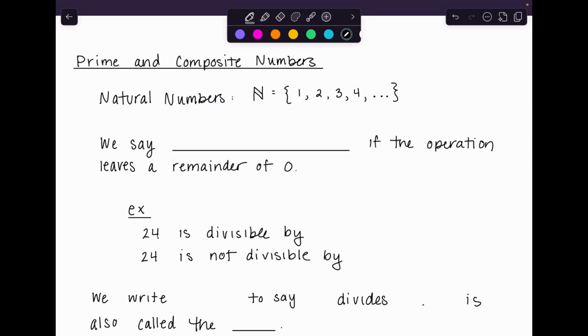So in this section, we're going to work with these, and we're going to talk about divisibility, prime numbers, things like that. First, we're going to talk about what divisibility is. We say A is divisible by B if the operation leaves a remainder of 0.